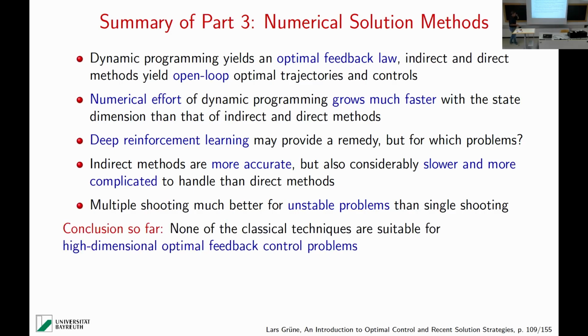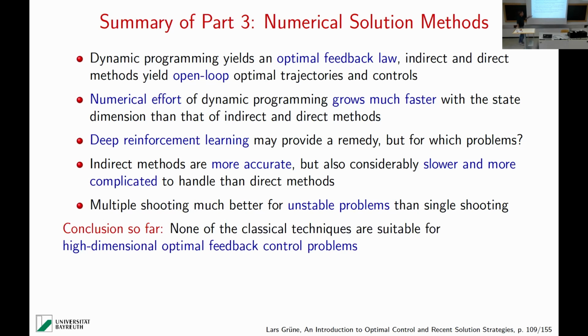Okay, conclusion so far. There is a class of problems which, if you talk to control engineers, is really their preferred way of formulating practical tasks. These are usually high-dimensional optimal feedback control problems. High-dimensional comes automatically: if you have complex applications, you have a lot of states.